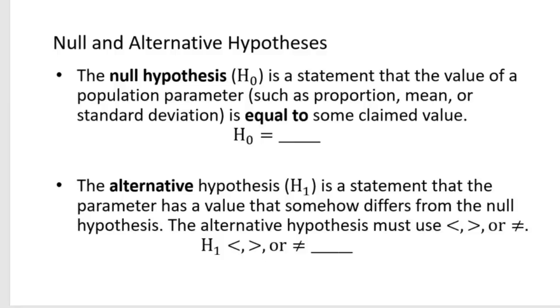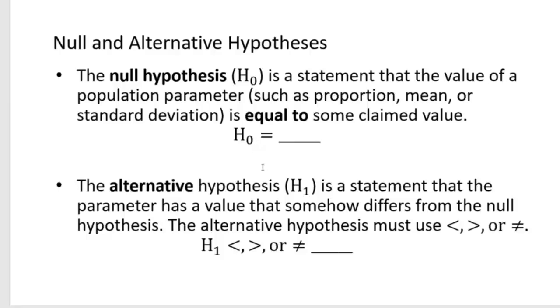Now, the null hypothesis is simply a statement that something is equal to what it was most likely before. It generally comes from a past study. The null hypothesis we denote by H sub 0, and it's always equal to.